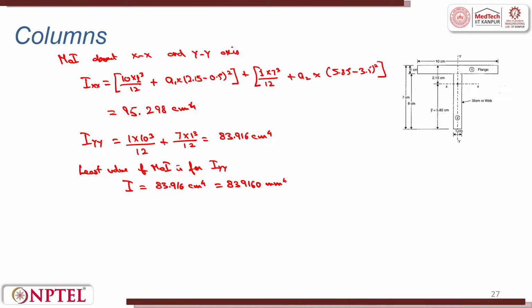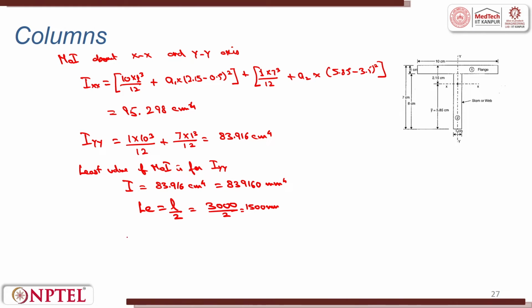Now, effective length, that is L effective is equal to L by 2. This you should recall, this is equal to 3000 by 2 is equal to 1500 mm. Right.